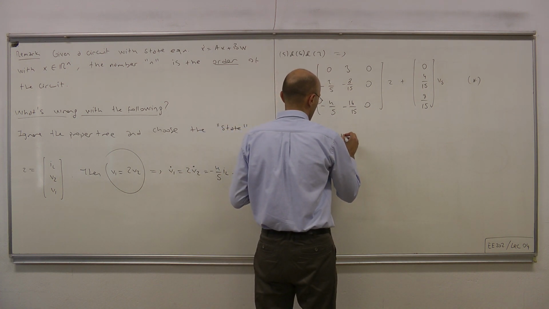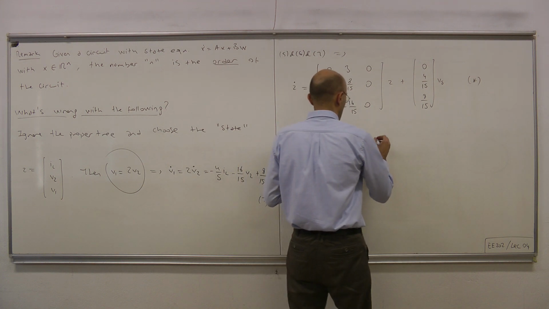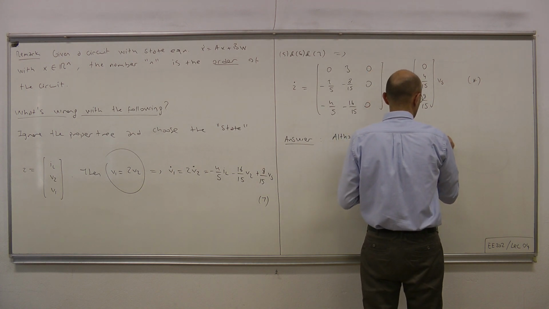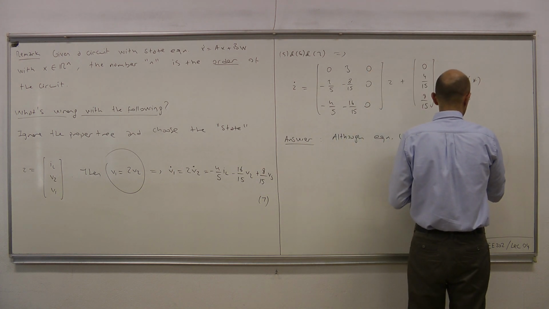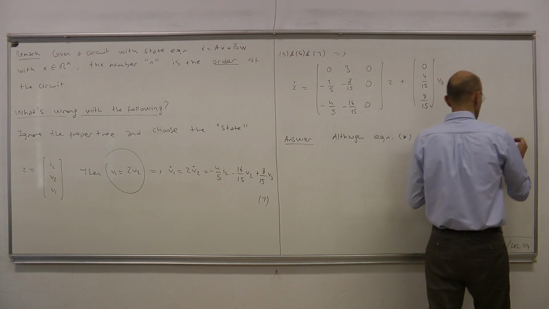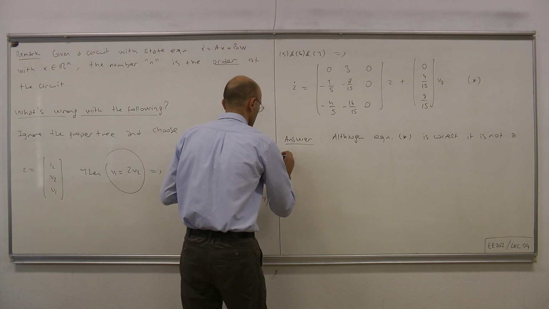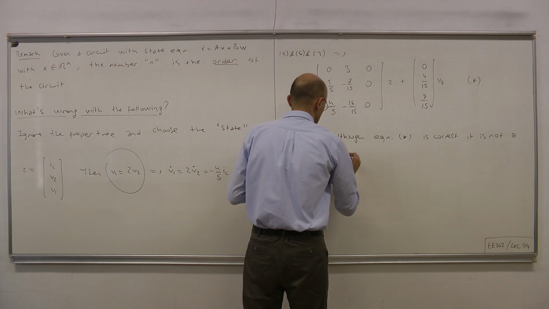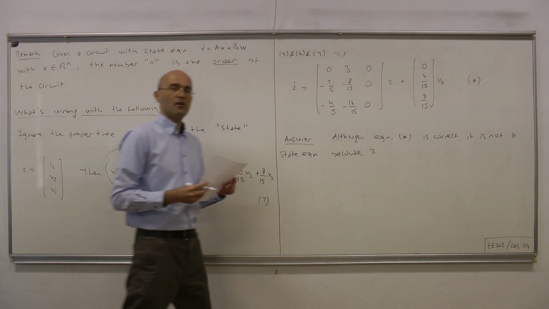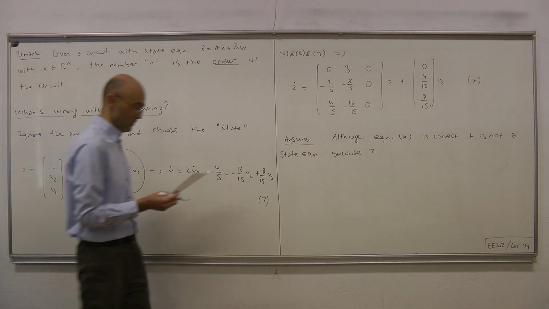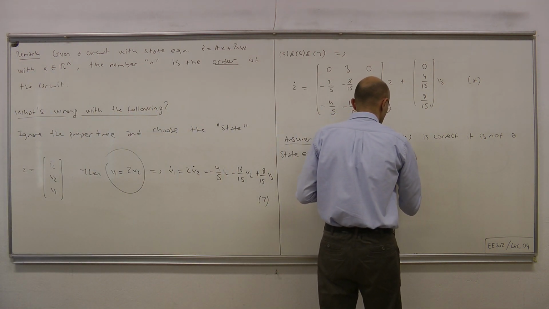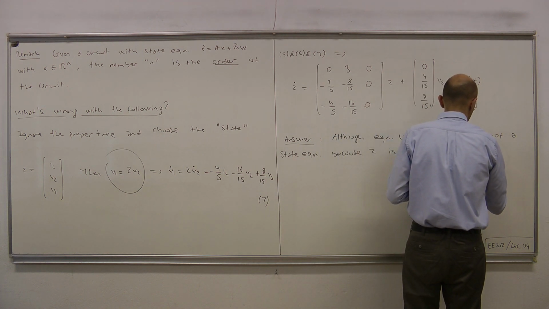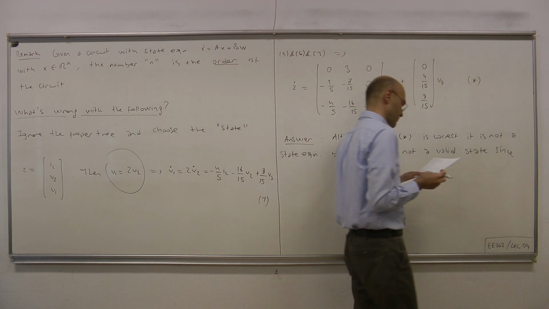Although equation star is correct, it is nevertheless not a state equation describing the circuit, because Z, our fake state, is not a valid state. And that's because it is not minimal.